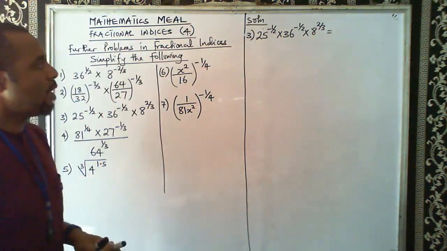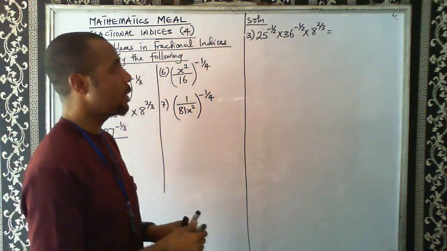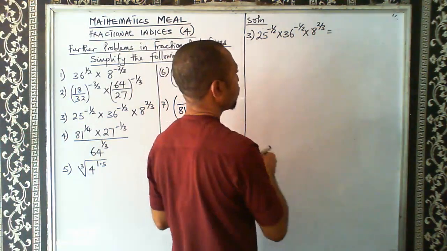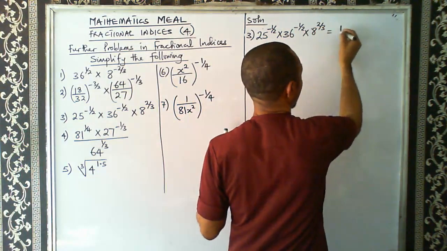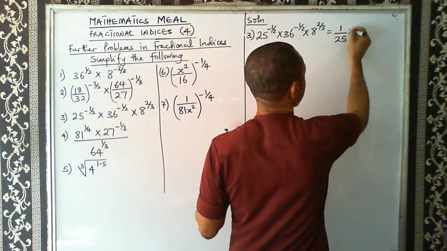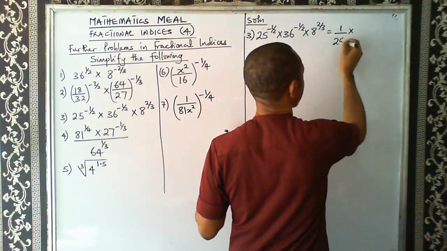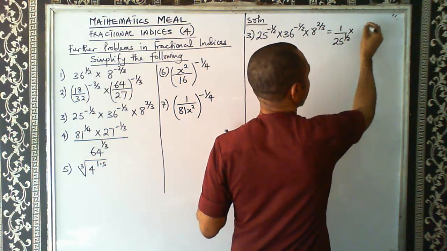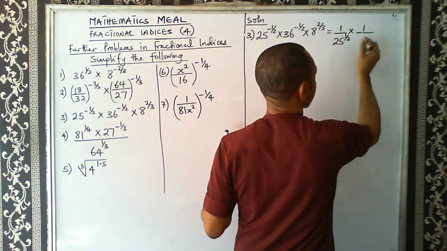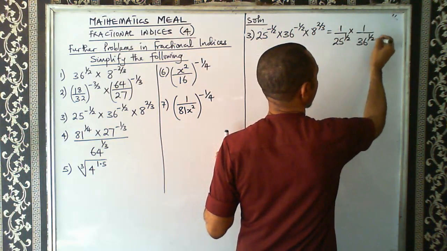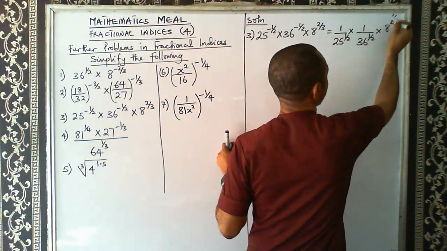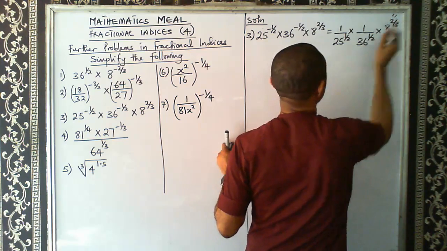Okay? We have two terms here that have negative sign in the power, so we have to remove that. So this becomes 1 over 25 raised to power 1 over 2 times 1 over 36 raised to power 1 over 2 times 8 raised to power 2 over 3. Okay?